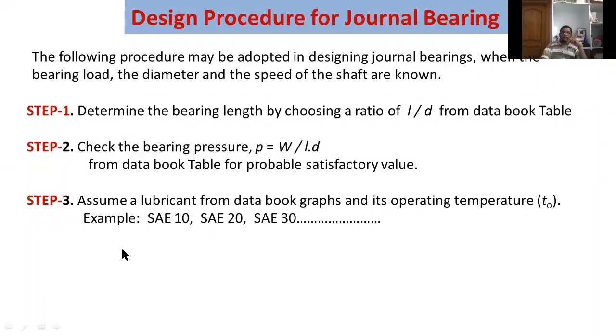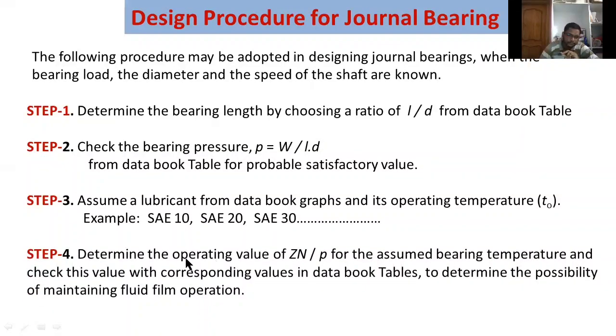In step number 3, you have to select a suitable lubricant type, for example SAE10, SAE20, SAE30. In step number 4, you have to determine the value of ZN by P. Here ZN by P is the bearing characteristic number.